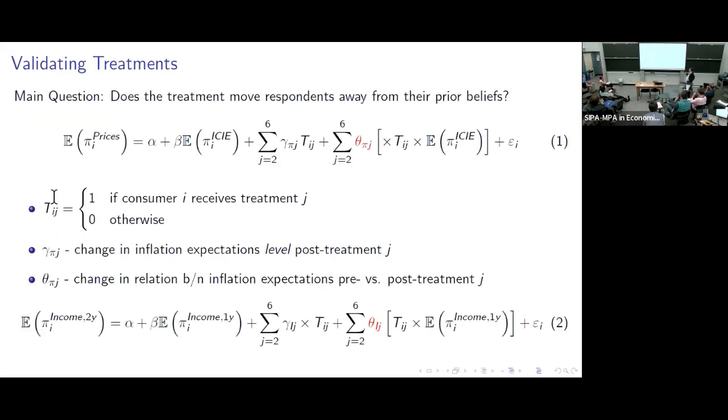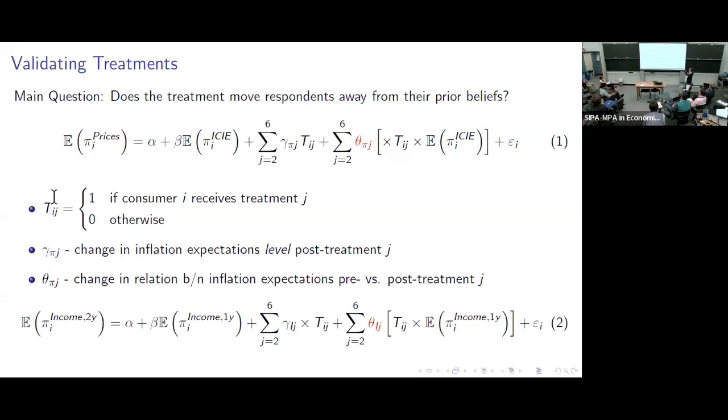So now let me get to the empirical strategy. The very first thing that we needed to do is essentially validate treatments, whether treatments are actually moving our inflation expectations around. And in order to do so, what we're eventually going to do is just regress the posterior. First, let's get to inflation expectations.